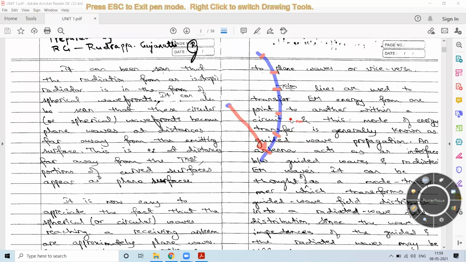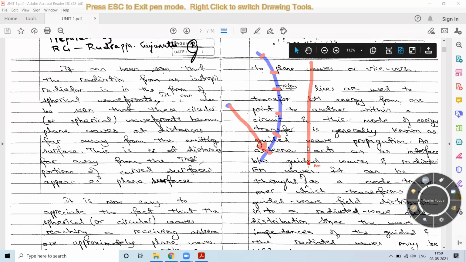So it can be spherical in nature, it can be plane in nature, it can be a straight line if you observe.